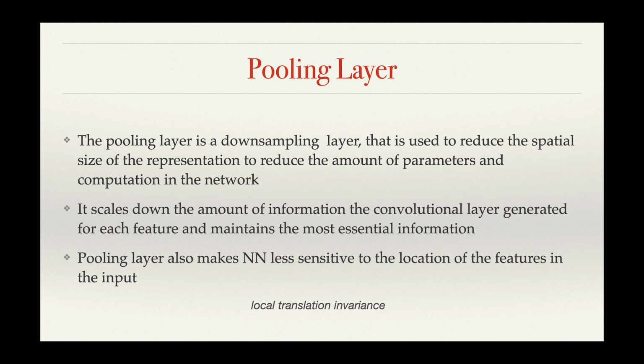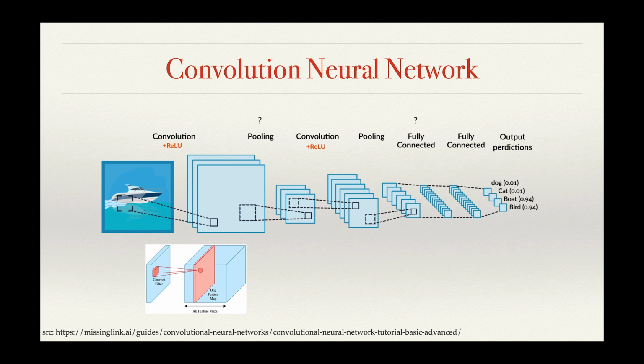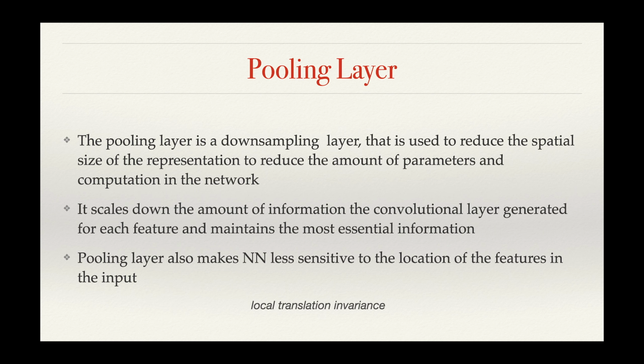Now the pooling layer, which we talked about here. What is the role of this pooling layer? The first, or main, functionality is a downsampling layer, which means we need to downsample the feature map. Downsample means we need to reduce the size of the feature map. Reducing the size has one objective at the beginning.